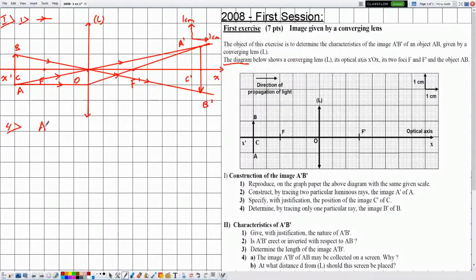Okay, an incident ray issued from B, passing through the optical center, emerges without deviation.